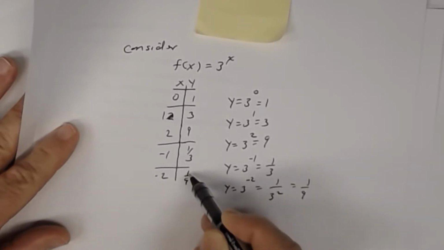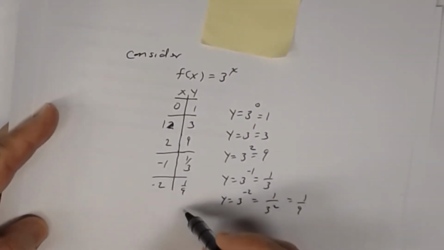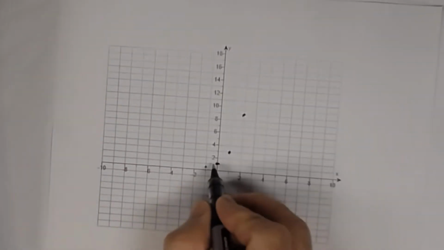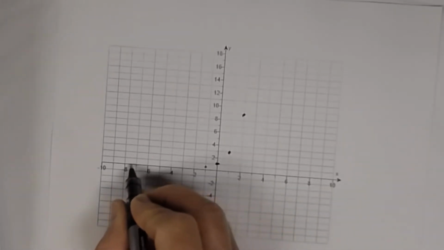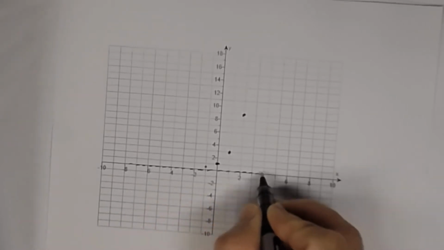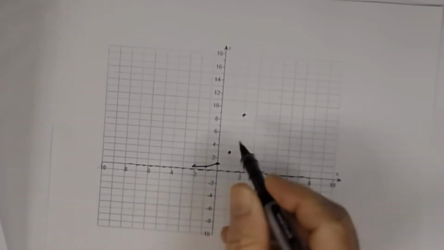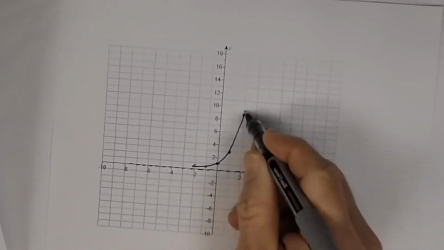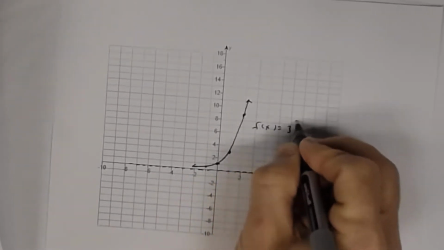So as x gets smaller and smaller, these y values are getting smaller as well, 1/3, 1/9, and so on. And so this side of the graph gets closer and closer to the x-axis, and that x-axis is our horizontal asymptote. And so we get something that looks like this. Okay, so that is the graph of f of x equals 3 to the x.